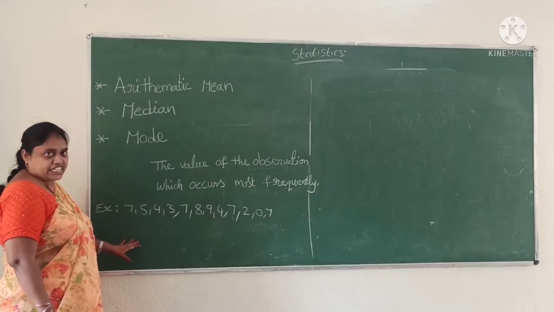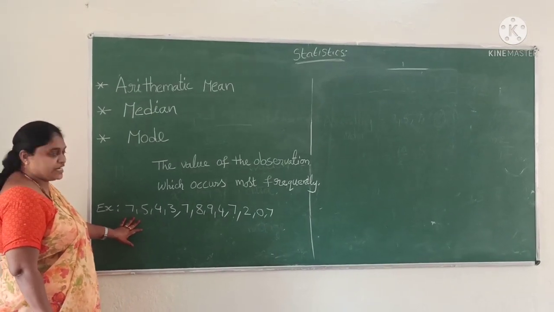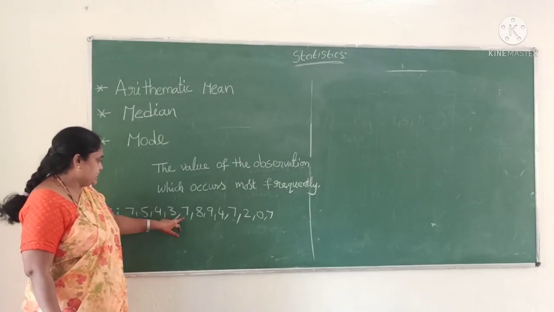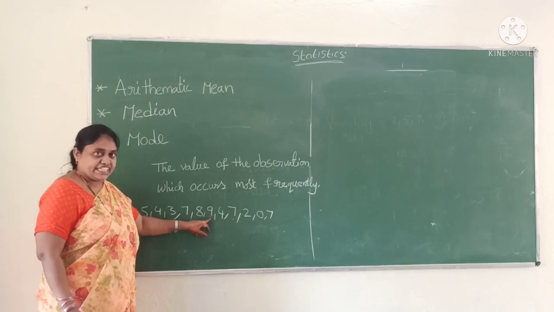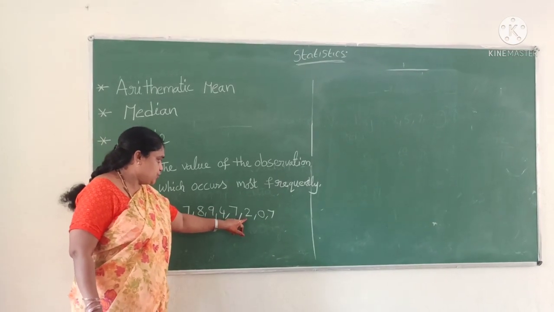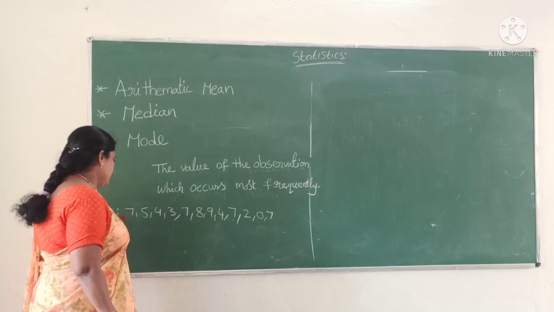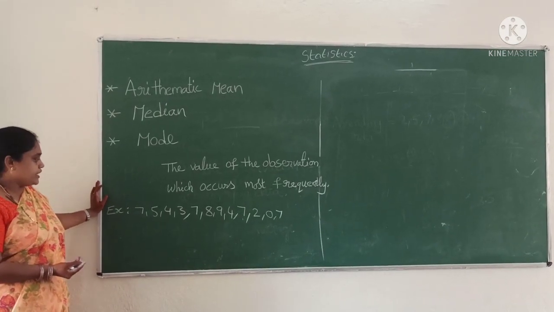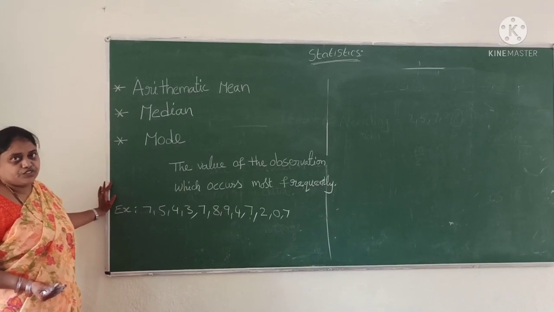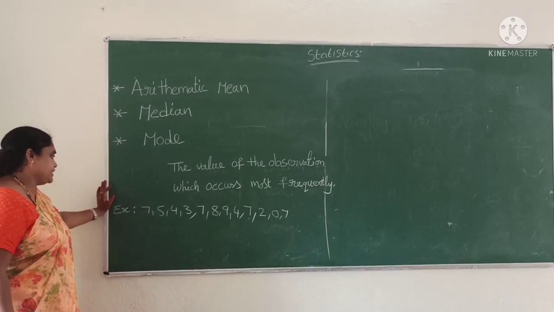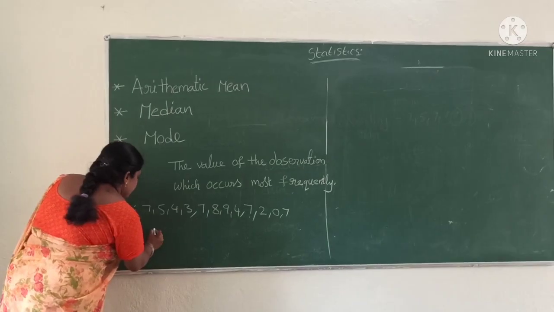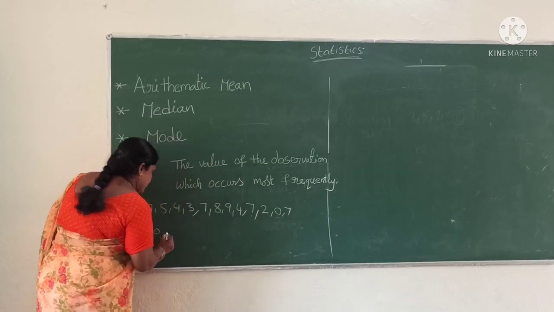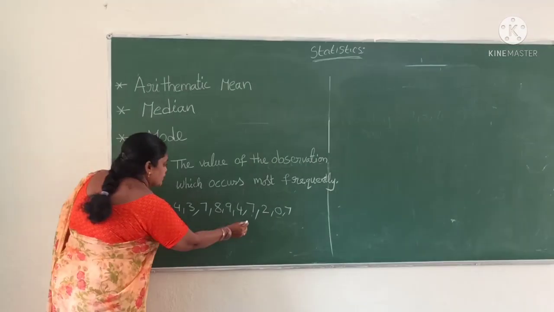Okay. In a class, the students got this type of marks. 7, 5, 4, 3, 7, 8, 9, 4, 7, 2, 0, 7. First of all, we make it easy. We write all observations in ascending order. Okay, first one is 0. Next 2.